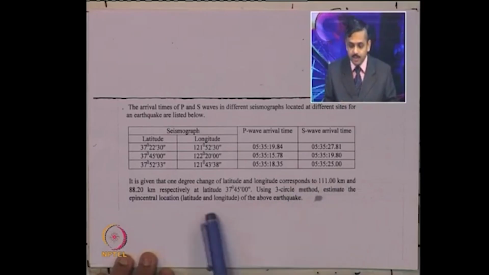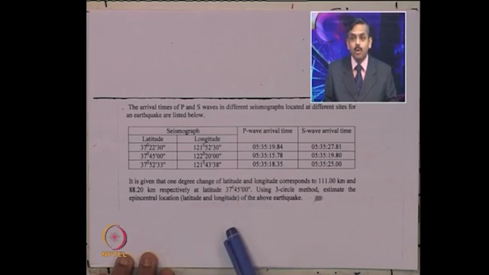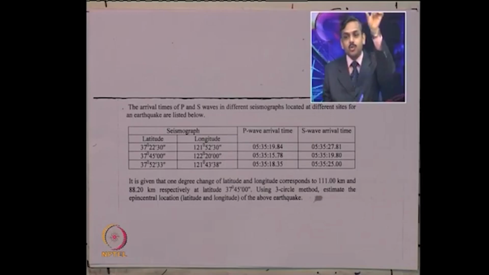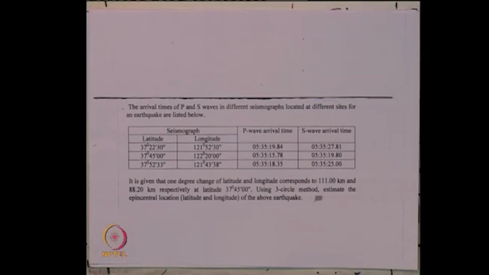Why is this information necessary? Because we need to plot the distances on a graph sheet or on a sheet of paper. So, we have to find out the distance, and as you know, as the latitudes change, the distance between 2 longitudes is different. Like the distance between adjacent longitudes at the central location of earth or close to the pole will be different.